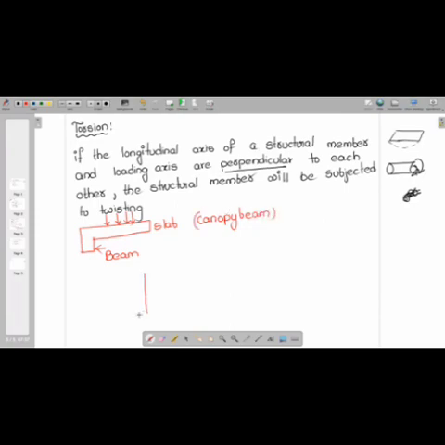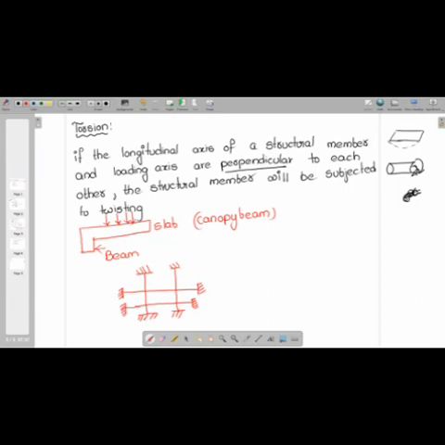If you see the grids here, these will be subjected to what, sir?